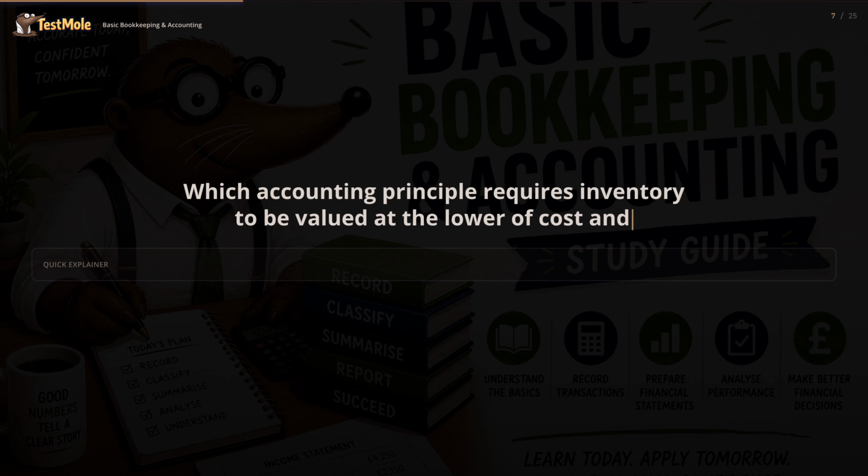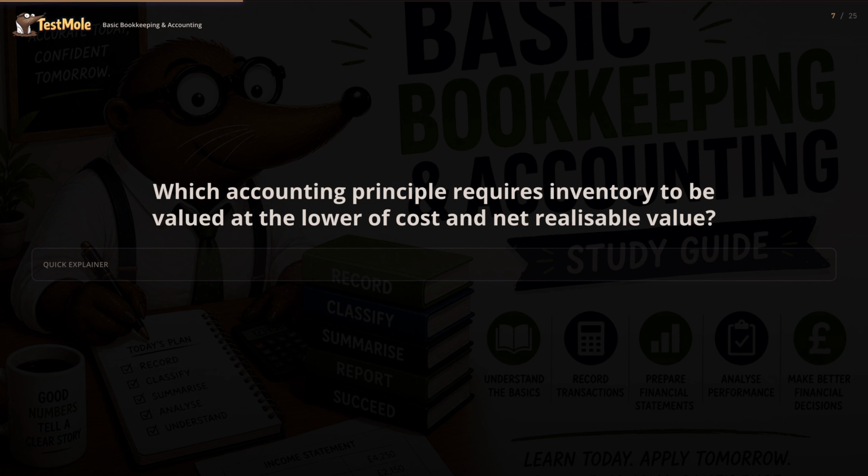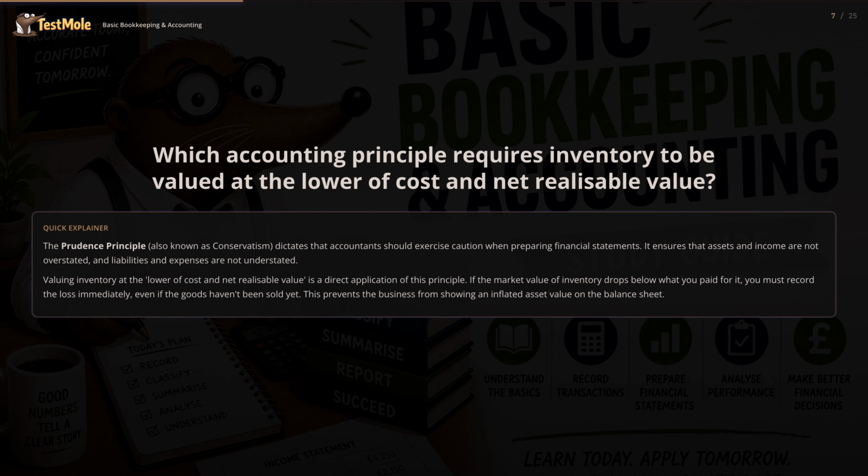Which accounting principle requires inventory to be valued at the lower of cost and net realizable value? The prudence principle, also known as conservatism, dictates that accountants should exercise caution when preparing financial statements. It ensures that assets and income are not overstated and liabilities and expenses are not understated.